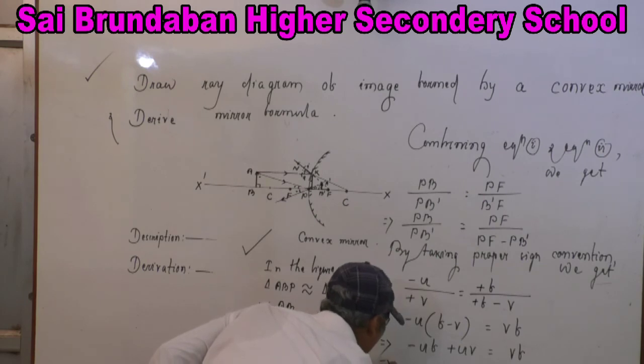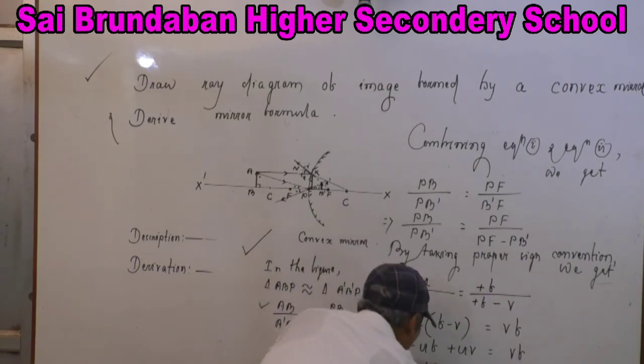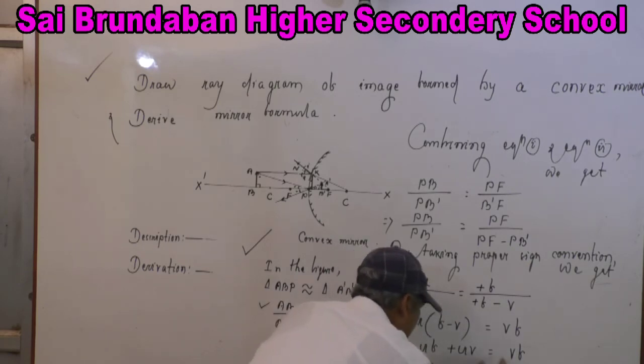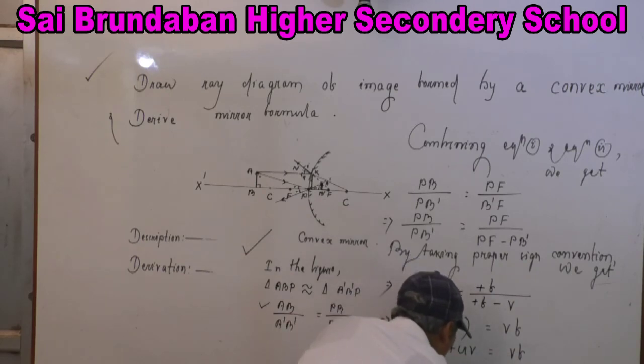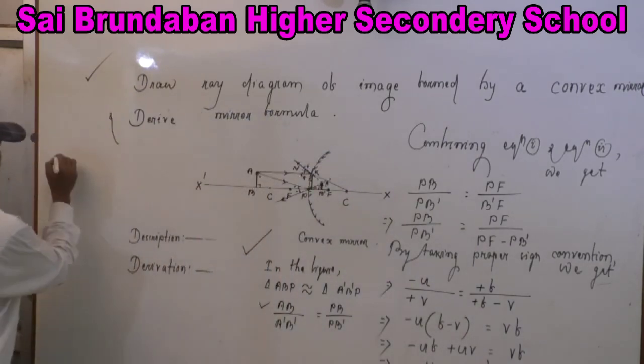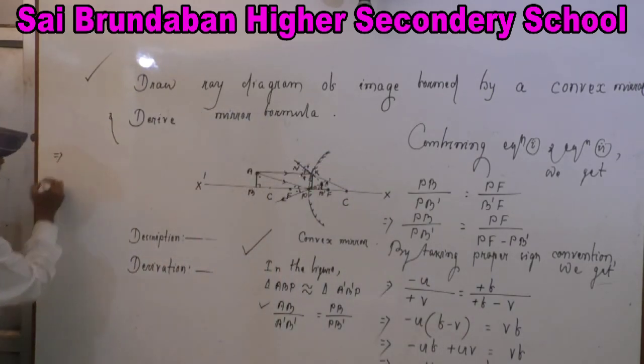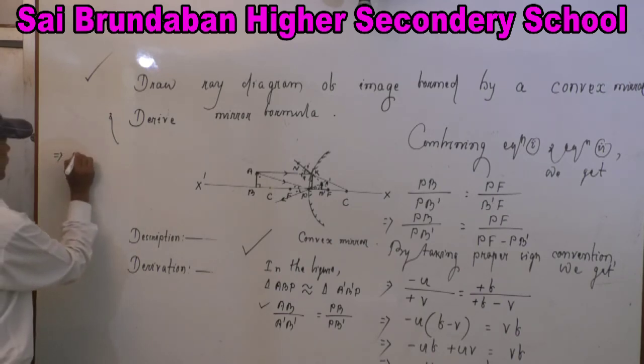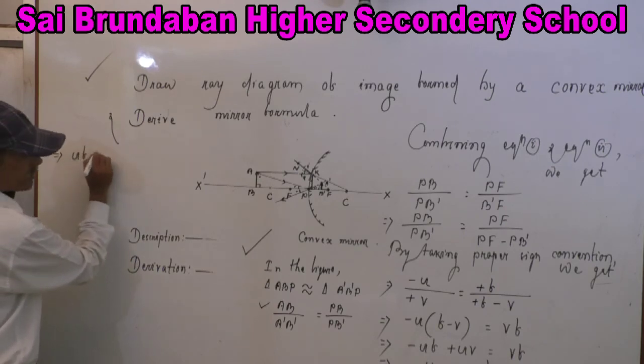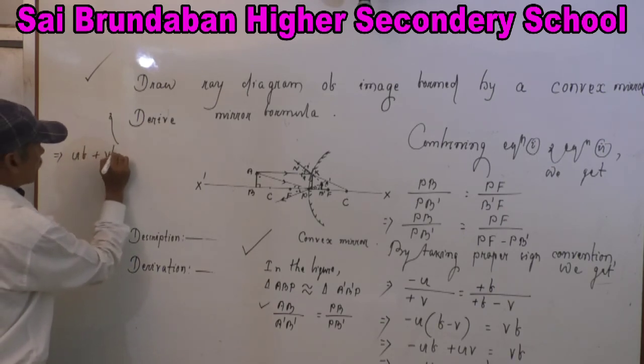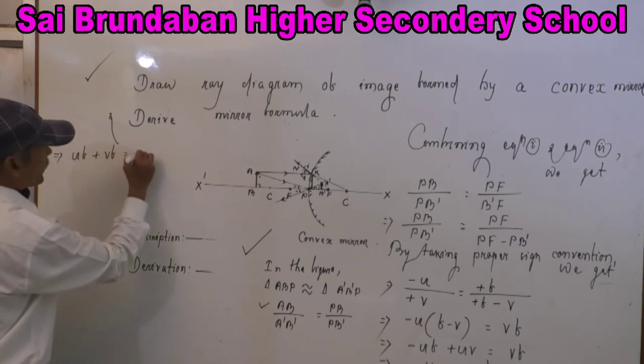This implies uv is equal to, moving it to the other side, uf plus vf. So uf plus vf is equal to uv.